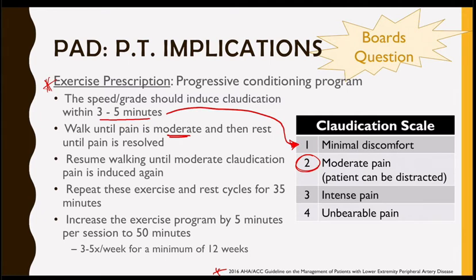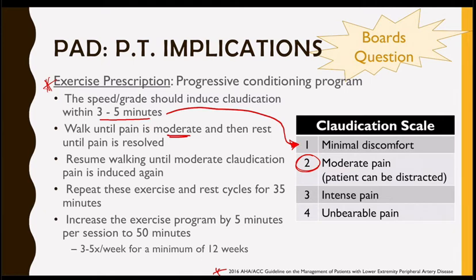So this is where the evidence for this program is getting ahead of the published protocol. I think over your time in PT practice in the next couple of years, this will most likely be shifting into severe pain. So you have the patient walk to moderate or severe pain. You have them rest until the pain is resolved, and then you do it again.